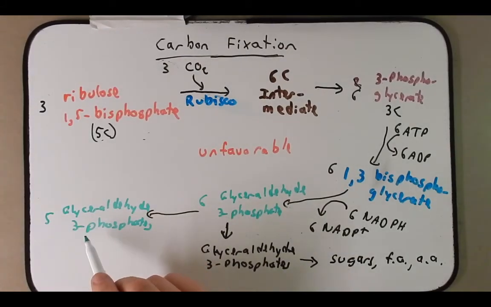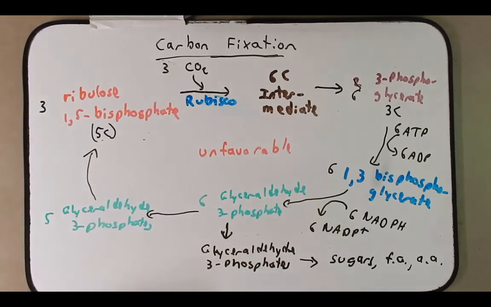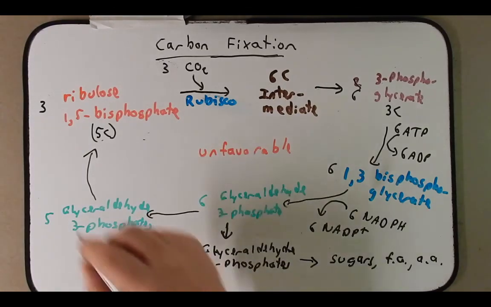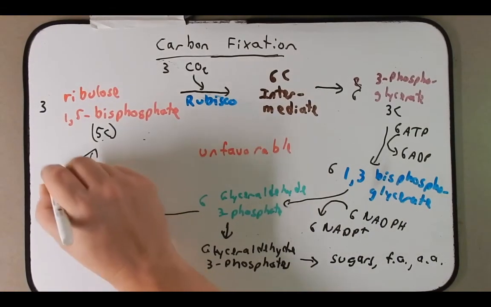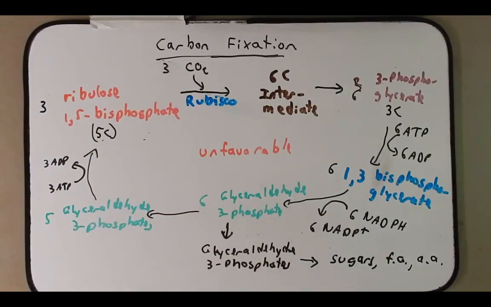they are going to be used to regenerate ribulose 1,5-bisphosphate. In doing so, 3 ATP will be consumed, producing 3 ADP. So if you add up here, we have 15 carbons here because we have 5 3-carbon molecules here.